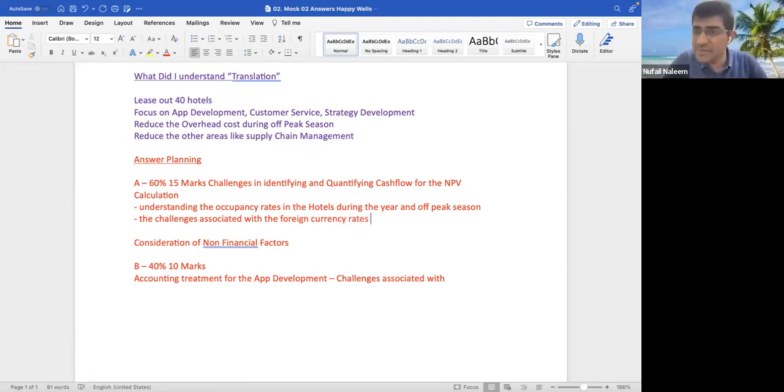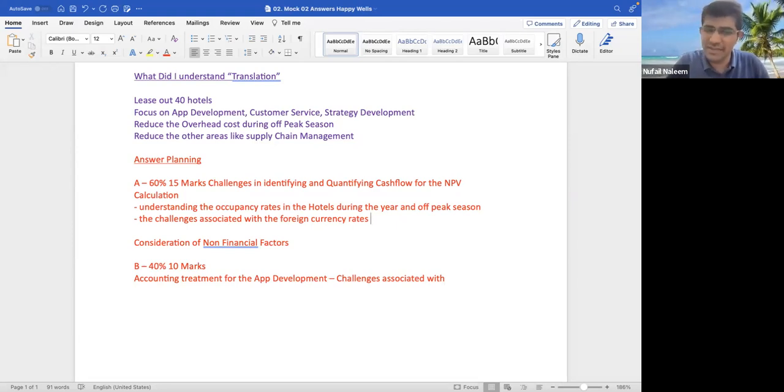Now, students, if you observe, we may collect the cash from our thing, but our hotels are overseas. Every overseas country will have its own foreign currency rates. Correct, students? Yes or no? Different foreign currency rates will be there in different overseas countries. So this will be the biggest challenge in identifying and quantifying the cash flow.